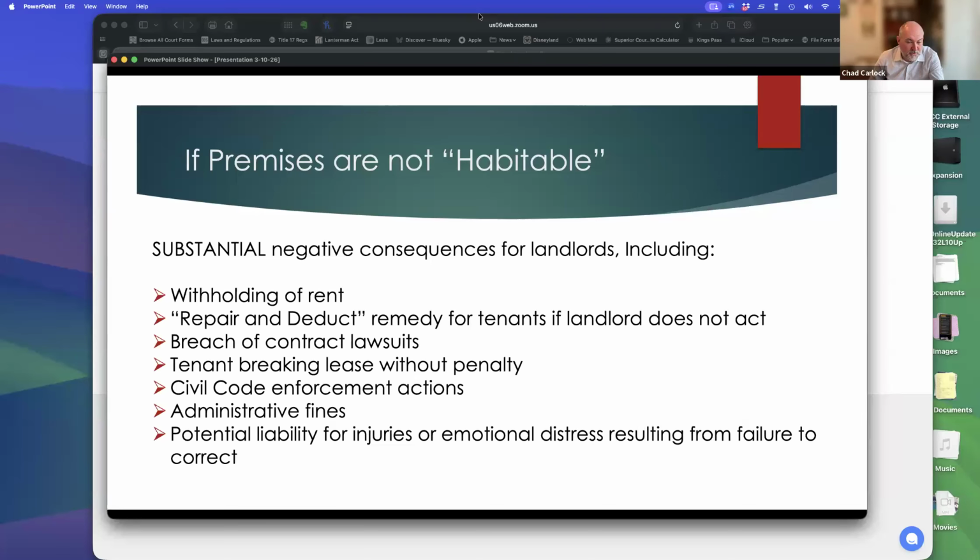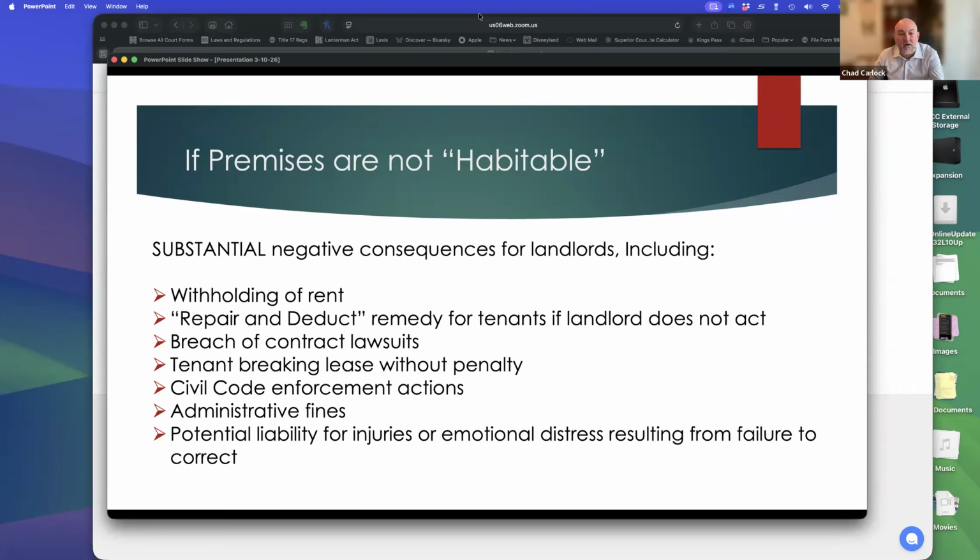Normally, they'd be held to their rent obligations through the end of the lease, but if the place is not habitable, they can, under certain conditions, cancel the lease. You could be subject to an enforcement action if you've got uninhabitable premises and the public health department gets involved, for example. There could be administrative fines issued by local jurisdictions or housing inspectors, that sort of thing.